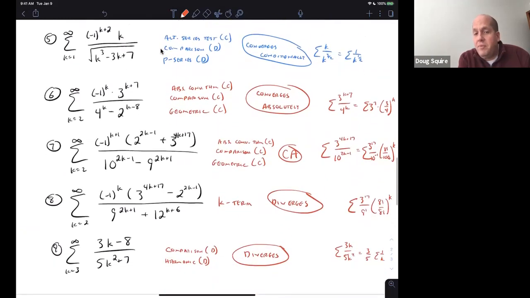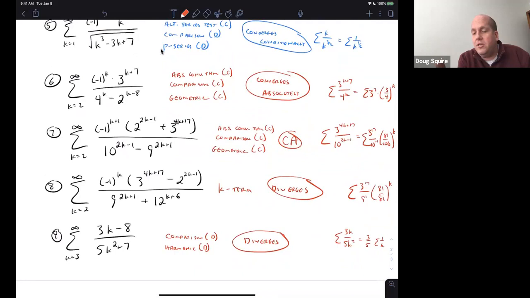And you just have to be careful because it's not actually an alternating series. So you don't have that part on the far left. You only have the series itself and the comparison series. Does that make sense? If I threw a -1 to the k in front of this, if it was -1 to the k times this, then that series would converge conditionally. But this series that's not alternating diverges. Everybody clear? Any questions so far?